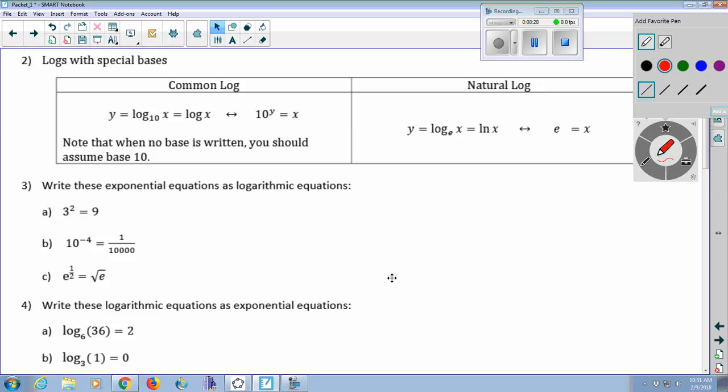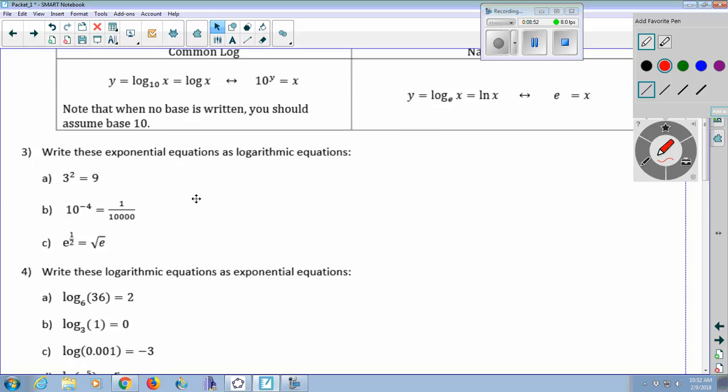So y is the exponent in this particular case. Log base e has to do with continuous growth. E is used for any type of continuous growth or decay. That's the natural log. Continuous growth is pretty much what we're dealing with.